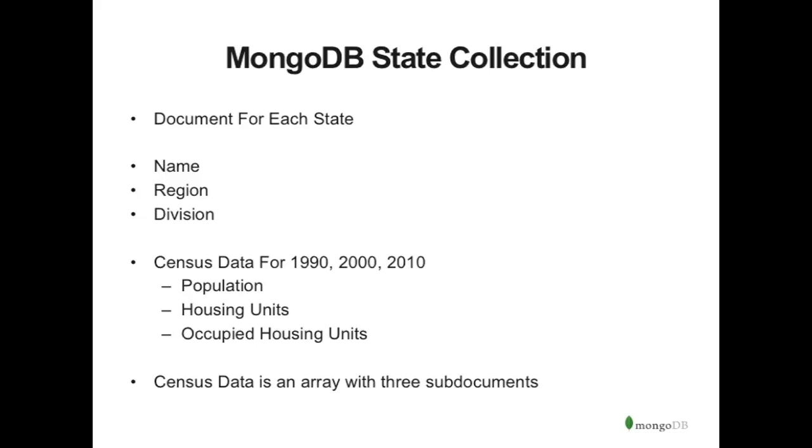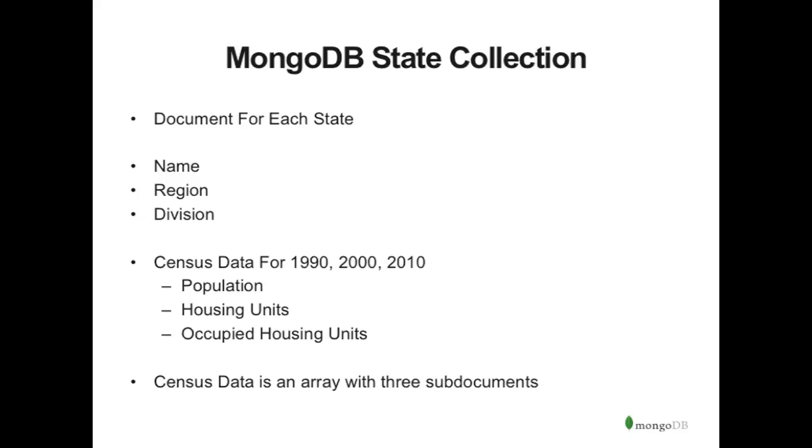For each state, I have its name and what region and division it belongs to. I also have some census data for 1990, 2000, and 2010. Included in that data is the population for each of those years, the number of housing units available in each state, so basically the number of homes and apartments, and the number of homes and apartments that are actually occupied, as well as the percentage of the total housing units that were occupied.